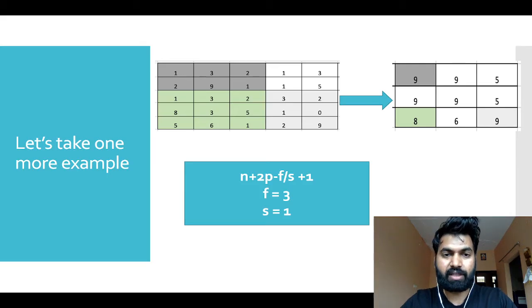So when we apply 3 by 3 on that, among 1, 3, 2, 2, 9, 1, what is the maximum? 9. Then the stride will shift by 1. So 3, 2, 1, 9, 1, 1: again we will get 9, right? And again it will shift by 1, and the maximum will be 5. So we will compute this entire matrix, and we can see the maximum features included in this matrix.